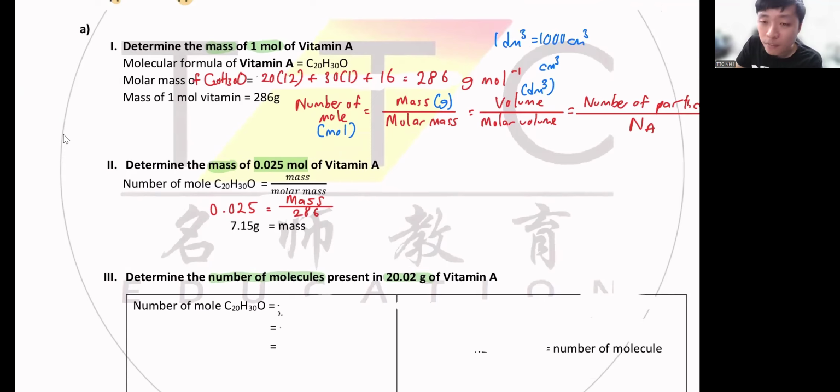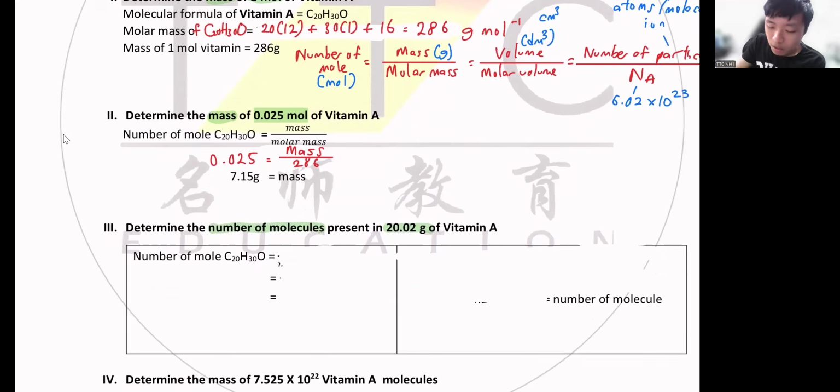Number of particles can be split into atoms, molecules, or ions. The Avogadro constant is the fixed number 6.02 times 10 to the power of 23.